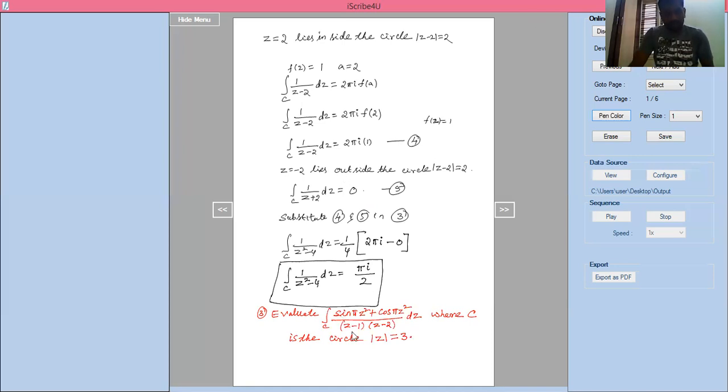Here, what is that? The denominator contains linear factors. One is z minus 1, another one is z minus 2. We will first do a partial fraction. Here f of z is sine pi z square plus cos pi z square.